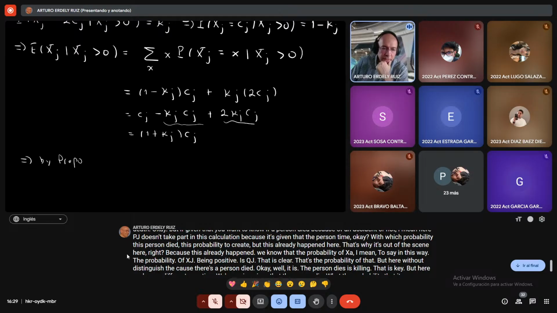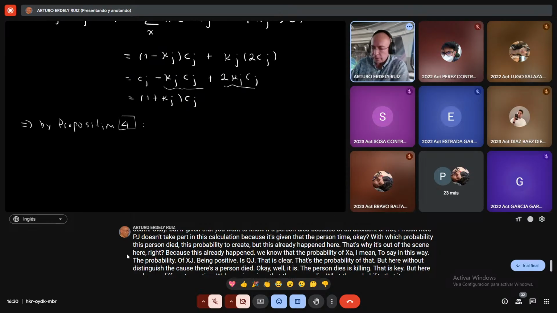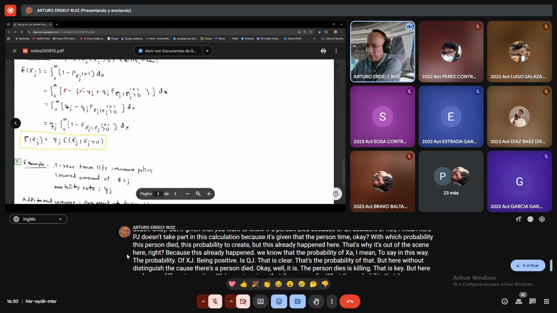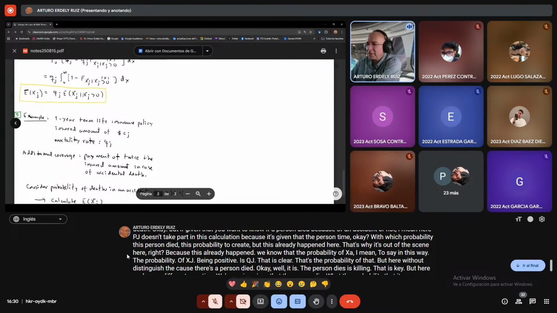So here, by proposition 4, remember we have this very simple formula. It's just qj times the conditional expectation we just calculated, right?